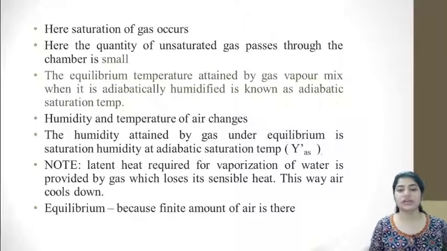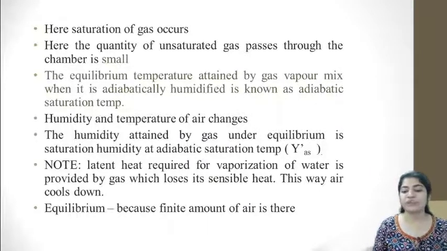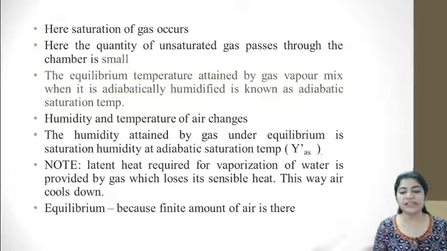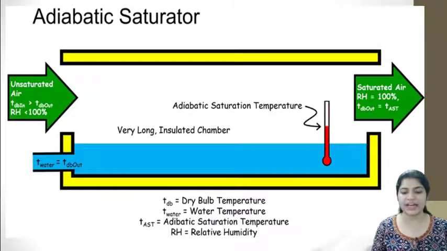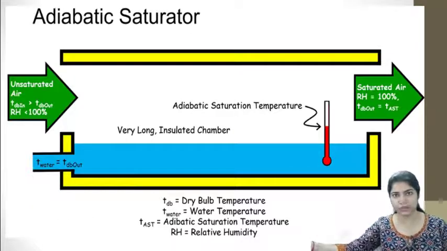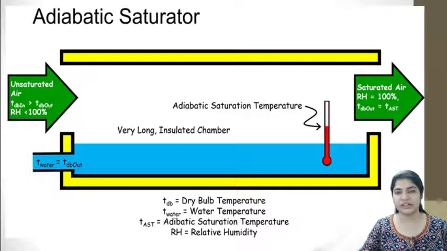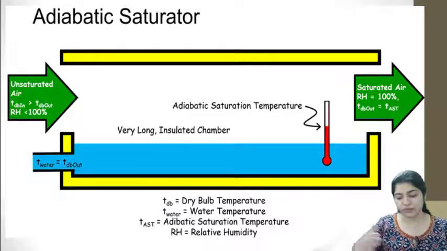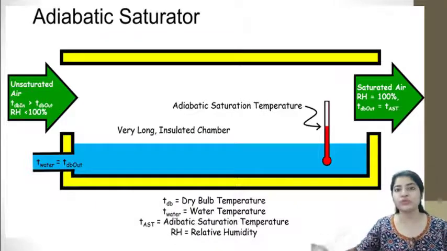Now note down an important point: the latent heat required for vaporization of water is provided by the gas, which loses its sensible heat. Hence the air cools down. Here you can see that water is transferring into the gas. But how is it occurring? For water to change from liquid phase to vapor phase, latent heat is required.